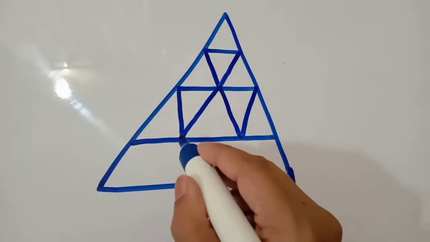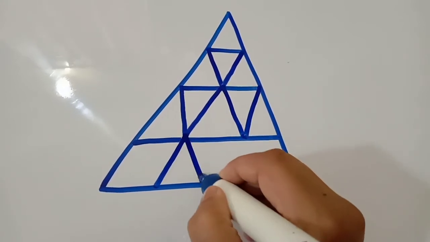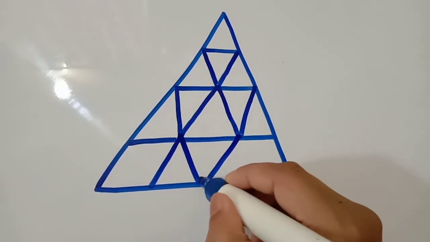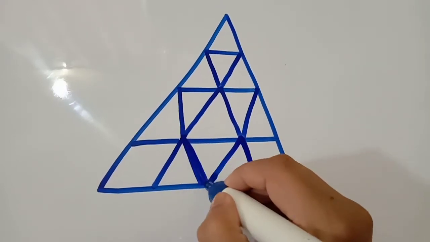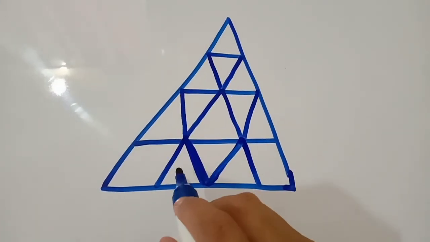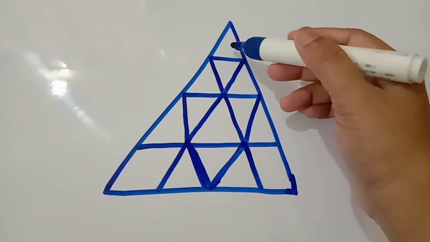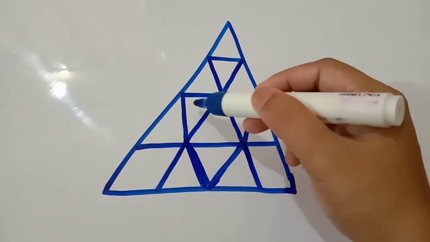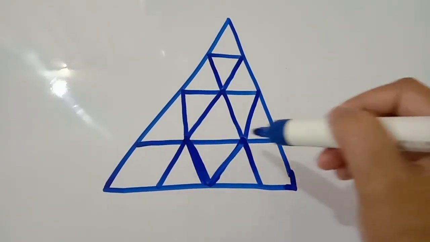Now this goes a little down from here, and this crosses here. So you can see another 3 triangles. So we found 1, 2, 3, 4, 5, 6, 7, 8, 9, 10, then 11, 12.